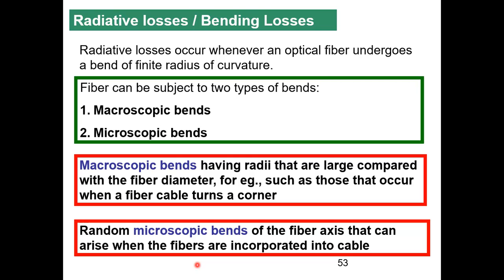In order to protect the fibers nicely, some bends or scratches I am introducing into the fiber. Those I am calling microscopic bends. So a macroscopic bend is when I'm laying down the fiber in the field, and a microscopic bend happens in the lab when the fiber is cabled after fabricating.